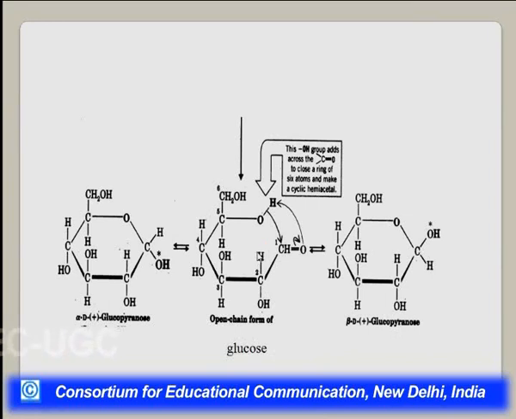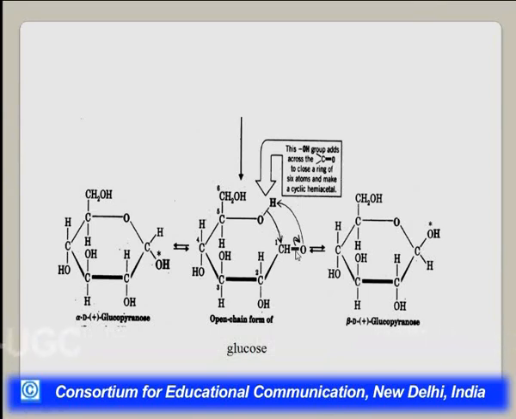Here you can see. Now what happens? This OH group adds to this carbonyl group, because you know this carbonyl group is an aldehyde group, and the aldehyde group gives a nucleophilic addition reaction. So certainly this OH group adds to this carbonyl group to close a ring of 6 atoms and make a cyclic hemiacetal. Here you can see how it took place.